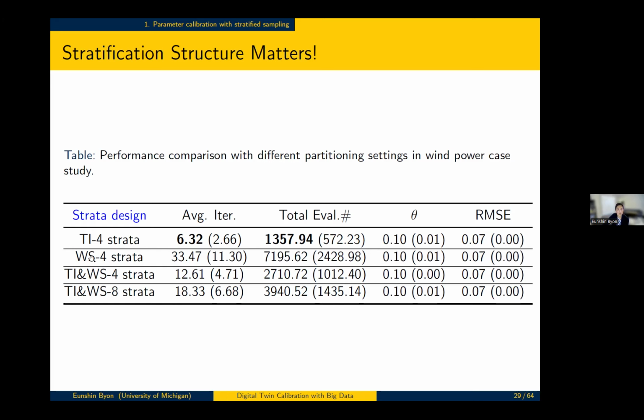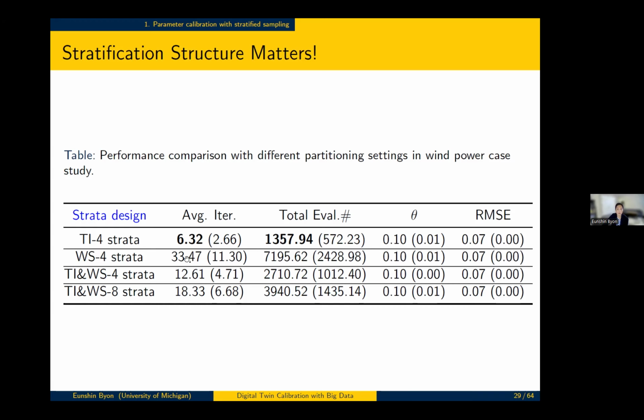So I looked at the problem and tried a different input variable, the turbulence intensity. Turbulence intensity measures the stability of wind conditions, so maybe it is related to the variance of the gradient. When I used turbulence intensity, unexpectedly I was able to reduce the number of iterations and evaluations remarkably.